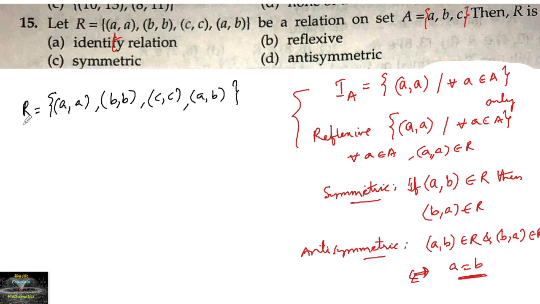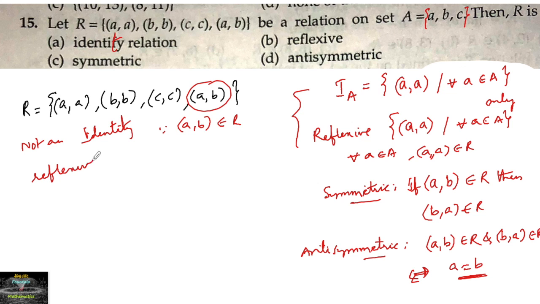Clearly we can say that this relation is not an identity relation, since (a, b) belongs to R. And coming to the reflexive, of course for every a belongs to set A, (a, a), (b, b), (c, c) belong to R. So it is reflexive. We can say this relation is reflexive.